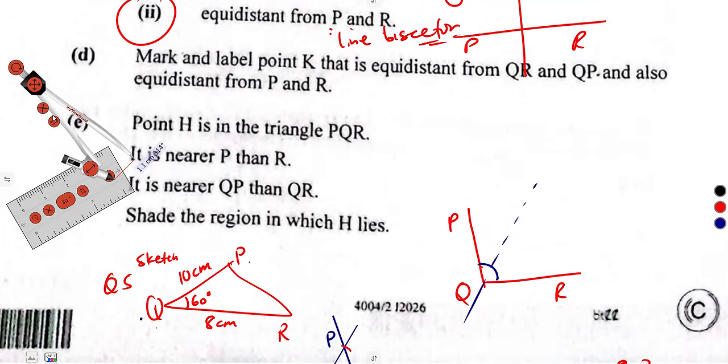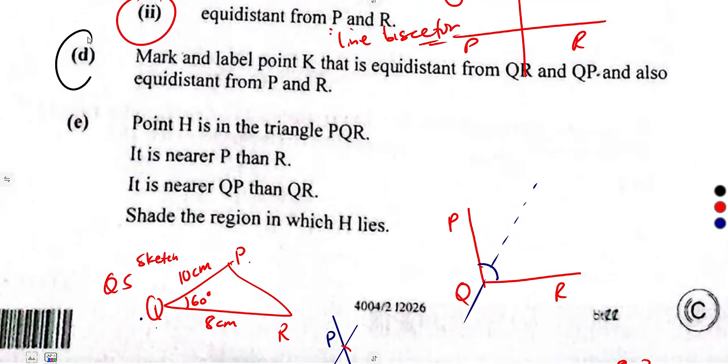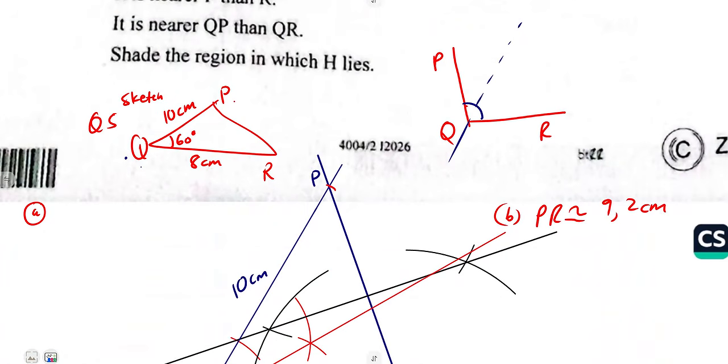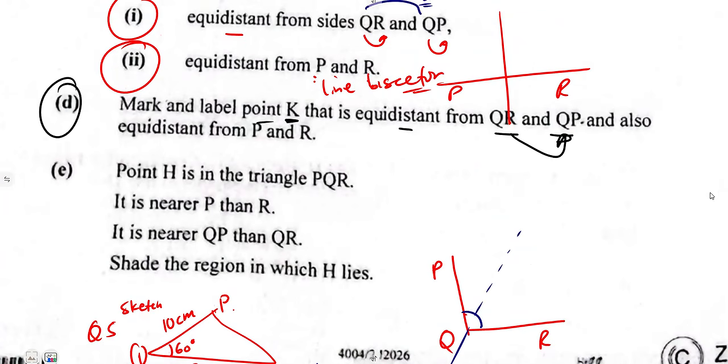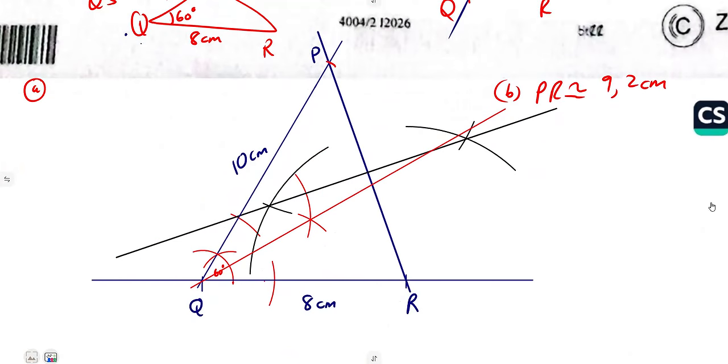We are given to mark and label K, that is the point K that is equidistant from QR and QP. Remember, this was the angle bisector, the line in red. And also equidistant from P and R. P and R was the line bisector, this one in black.